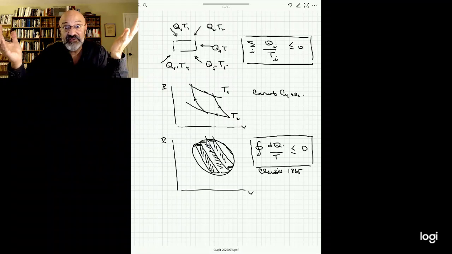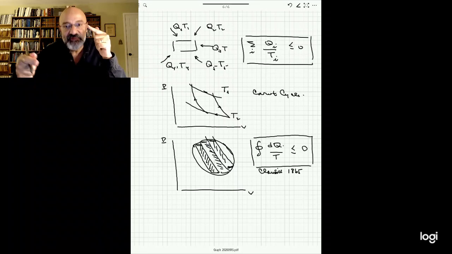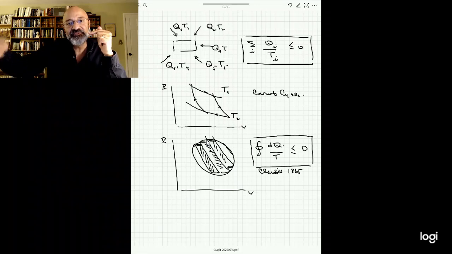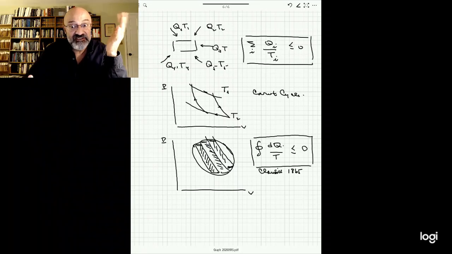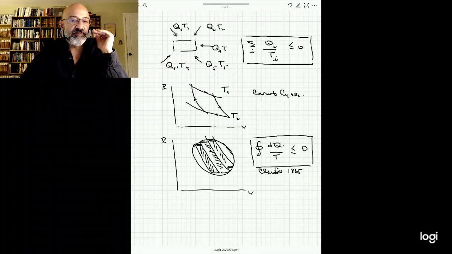Most processes out there in the world are not cyclic. It is a feature of engines that we want them to be cyclic because we want them to operate over and over again. But in general, processes are not cyclic. So this is what Clausius realized. This generalization of Carnot's principle is what's going to be useful to describe non-cyclic processes. That's for next time. Thank you.